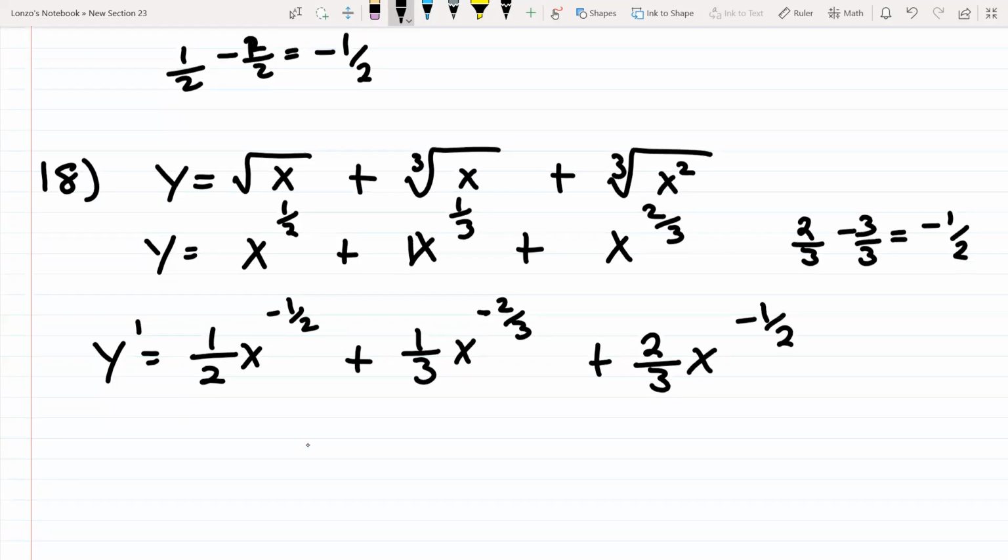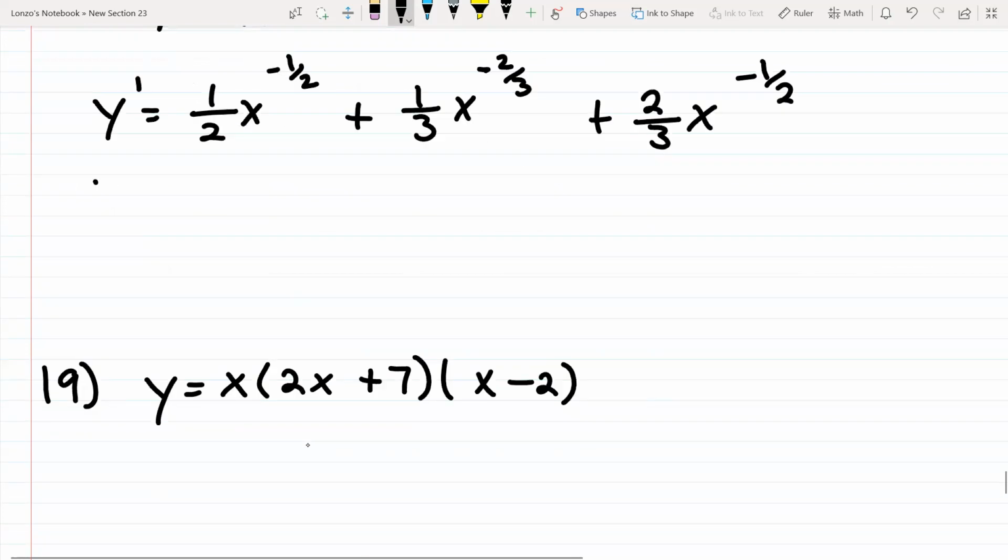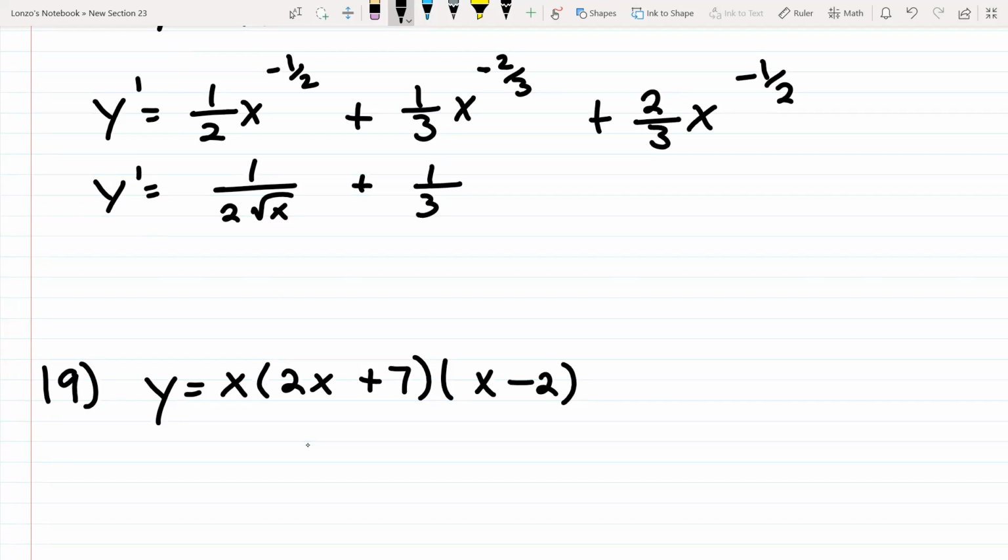And then when you put this in positive power, this is going to be y prime equals 1/2 square root of x plus 1/3 x to the 2/3 plus 2/3 x to the 1/3. And I guess you could put your final answer in radical form.